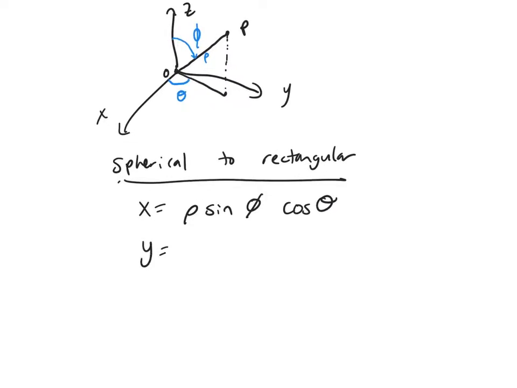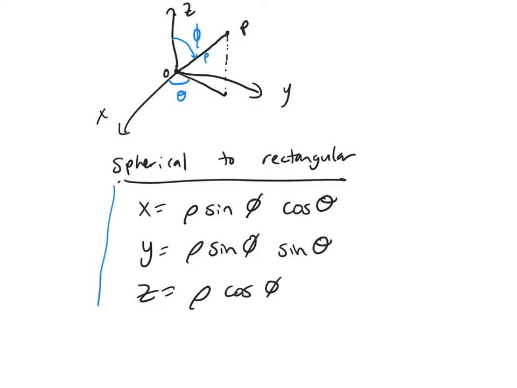Y will be rho sine phi sine theta, and z will be rho cosine phi. So these are how I convert from spherical to rectangular.